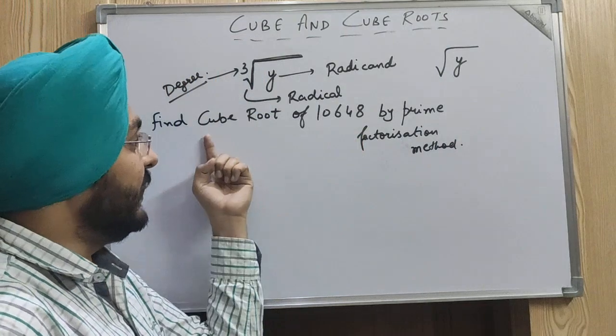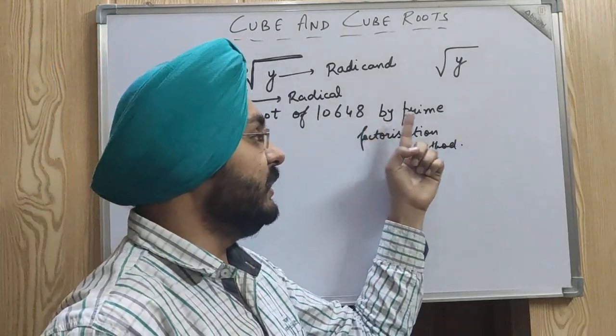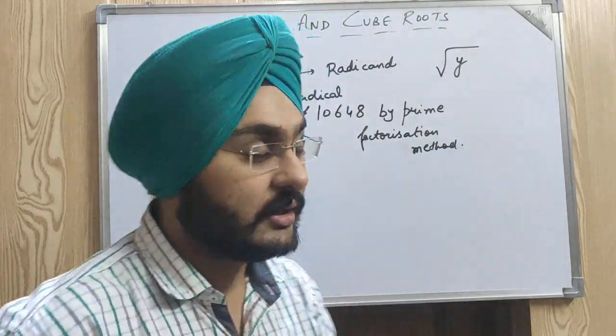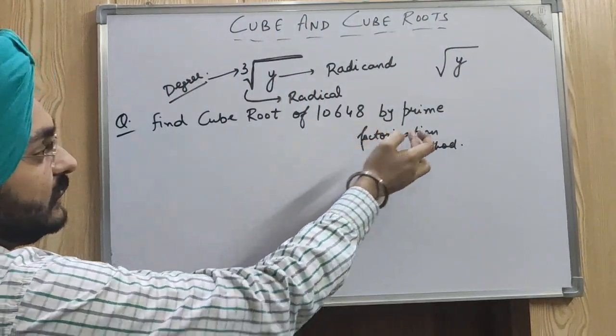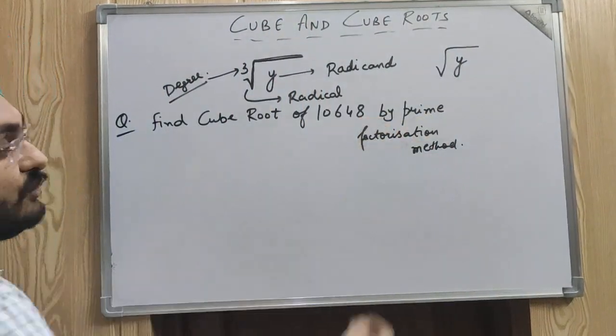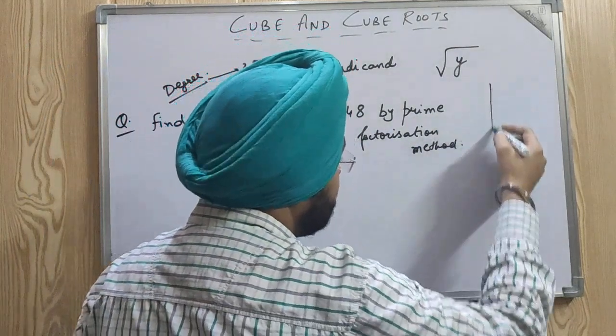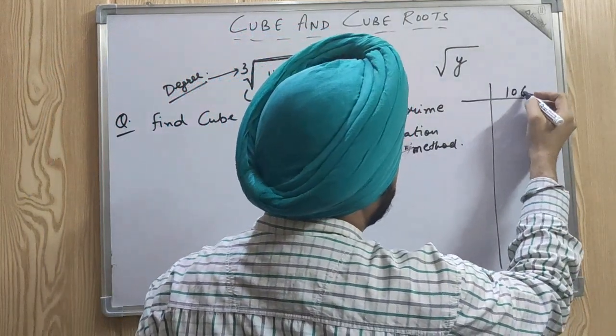Find the cube root of 10648 by the prime factorization method. So the first step: you have to do the prime factorization of 10648.